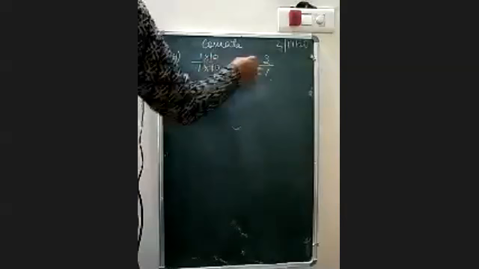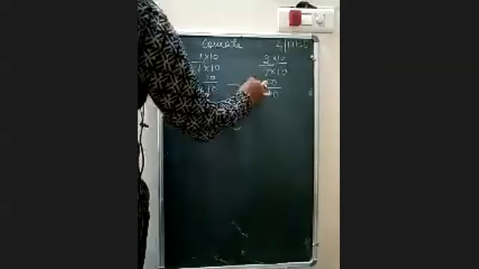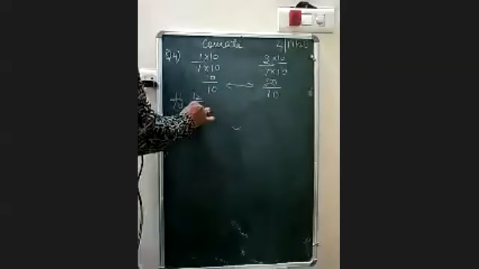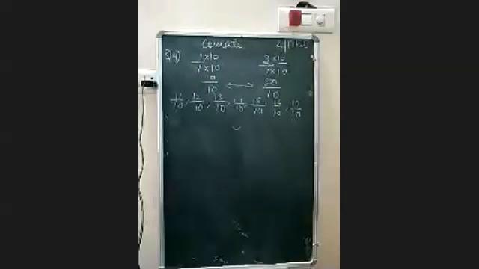Now between 10 and 20 you have many numbers. You have 11 upon 10, 12 upon 10, 13 upon 10, 14 upon 10, 15 upon 10, 16 upon 10, 17 upon 10. Now choose any 5 numbers and write them down in your fair copy.